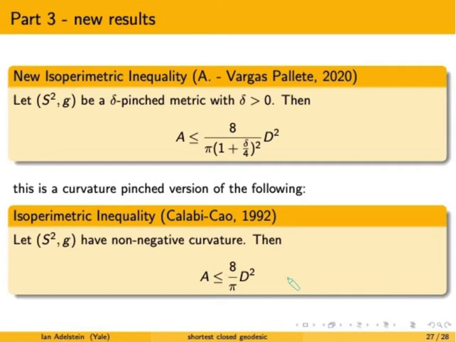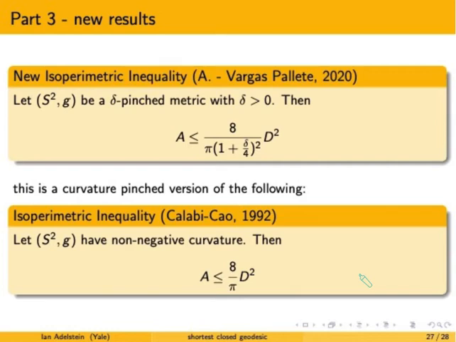So, okay, a couple things to note. First of all, our bound realizes their bound when we set the pinching constant equal to 0. If the pinching constant is 0, that means you have non-negative curvature, and we recover their result. So ours is a sort of true generalization.